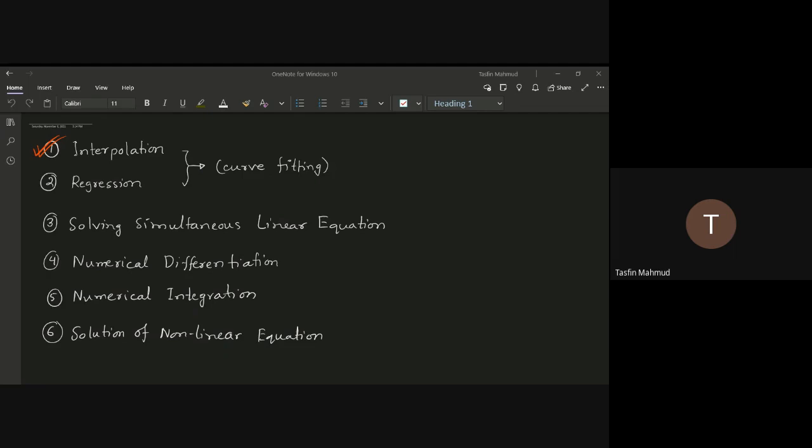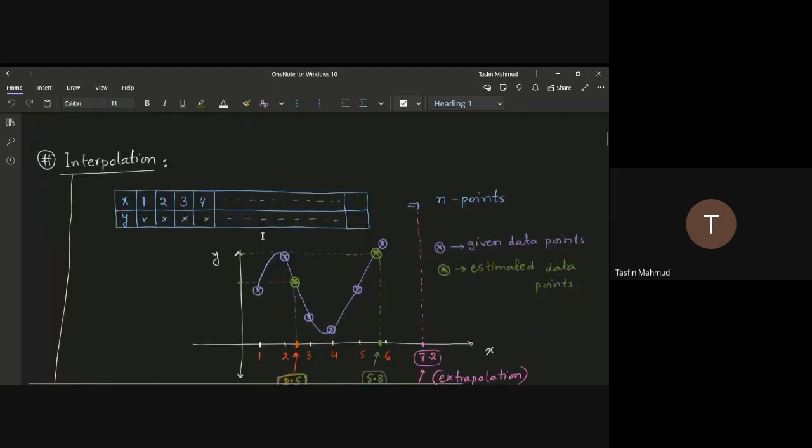Just to give you a small review about interpolation, because interpolation and regression are pretty much similar techniques, I'm going through a small overview of interpolation, and then we will move on to regression. In interpolation, the task is that we have been given a data set of x and y.